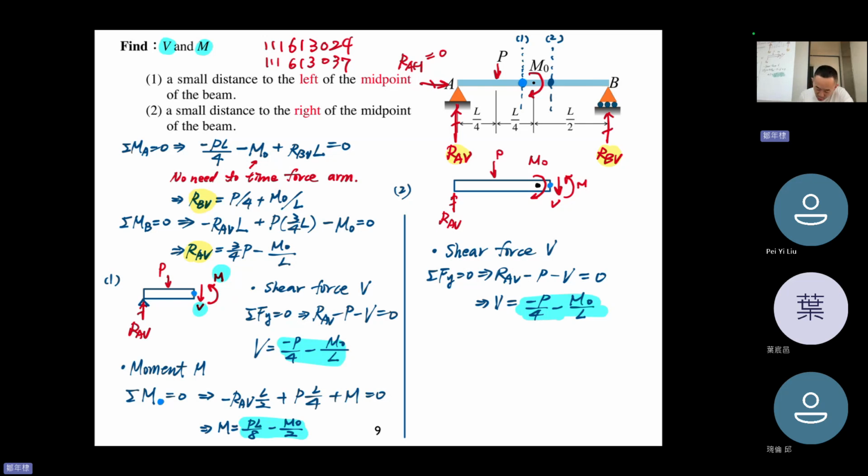Let's check the moment M. Sigma M at the blue point. Although this blue point is not the same as in the first problem, okay? Because you see there are two. Sorry, I shouldn't use blue.